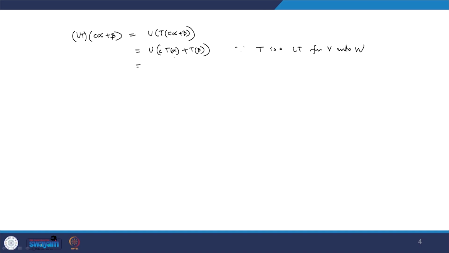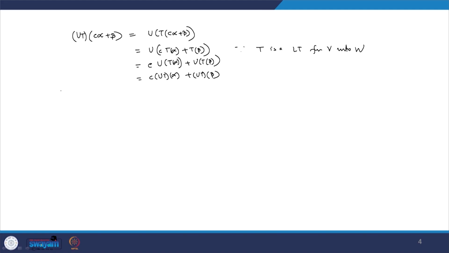Now T alpha is an element in W and U is a linear transformation from W into Z. So, this is equal to C times U of T of alpha plus U of T of beta, which is C times UT of alpha plus UT of beta.